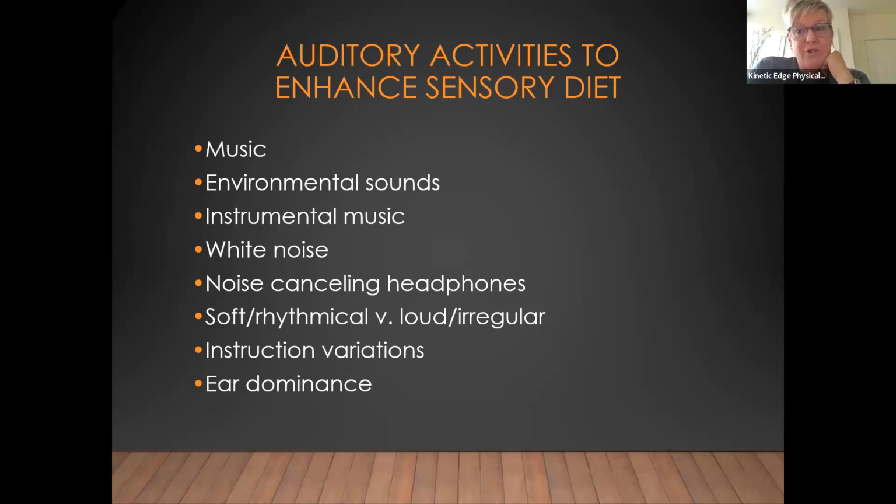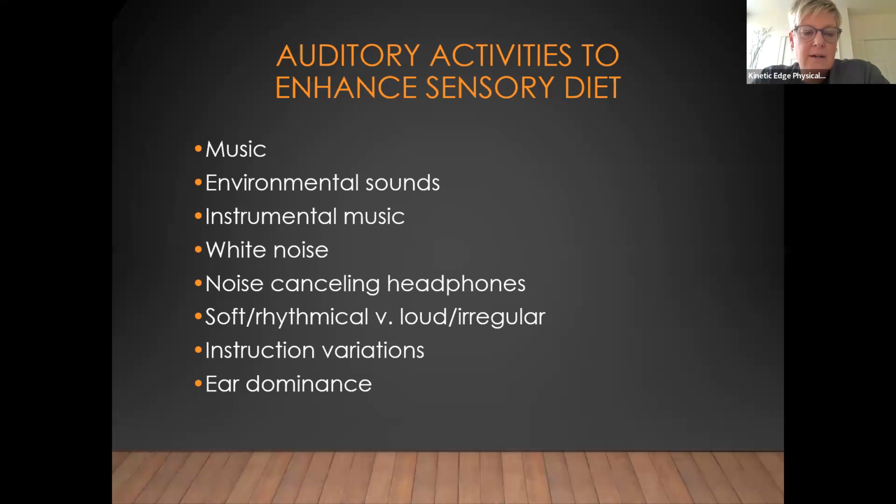I'll even use metronomes sometimes when a child is having difficulty with a balance beam activity. And again, keeping that metronome at 50 to 70 beats per minute. Fortunately, nowadays, metronomes can be downloaded to smartphones for free. And so that can be helpful even when you're doing letter work and numbers and that type of thing.